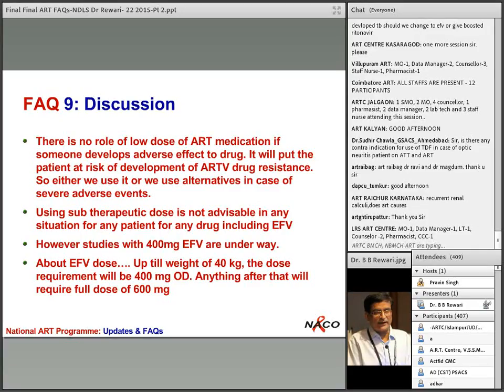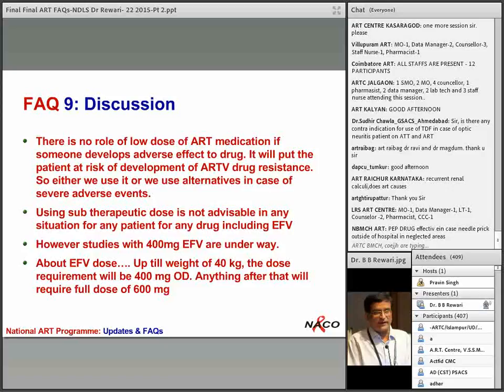So in future we may have a combination of TAF with lamivudine with efavirenz 400 mg, but that is a scenario which is not as of now approved and is under evaluation by WHO, and its implementation may take up to 2 years. This information is more for your knowledge. Presently we have to use the standard dose of efavirenz.